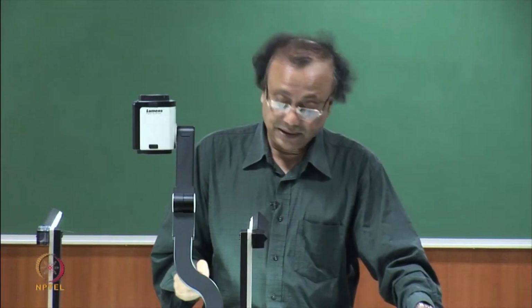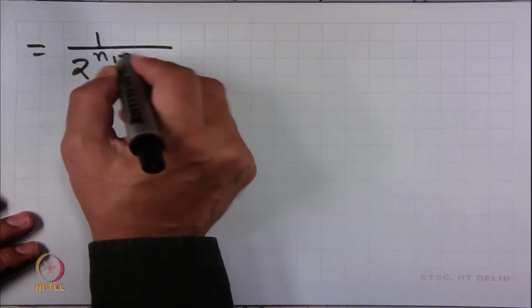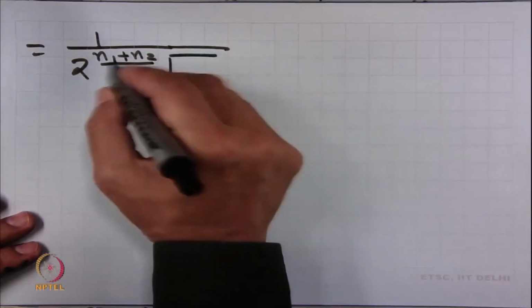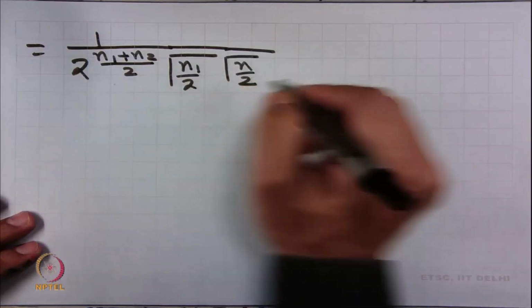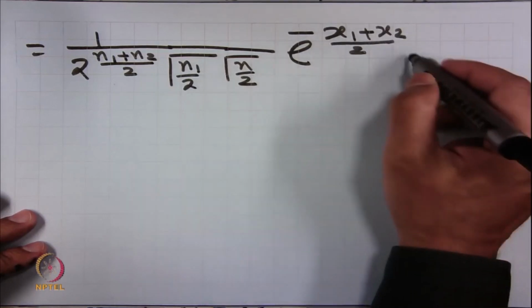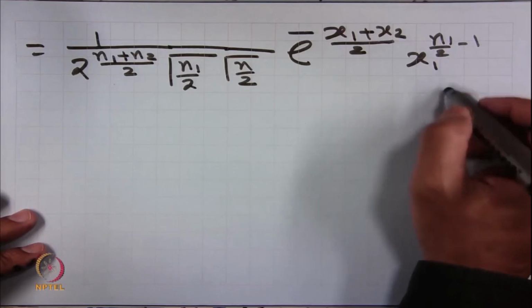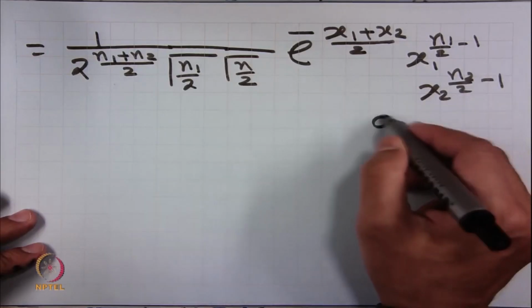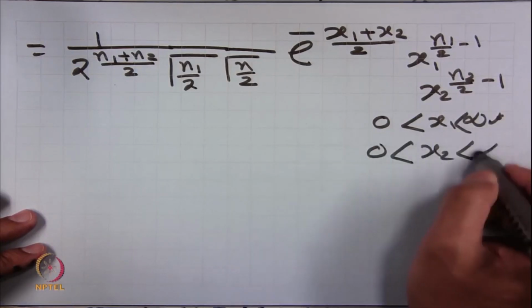So, let me write it as 1 upon 2 to the power (n1 plus n2) by 2, gamma n1 by 2, gamma n2 by 2, e to the power minus (x1 plus x2) by 2, x1 to the power n1 by 2 minus 1, x2 to the power n2 by 2 minus 1, where 0 less than x1 less than infinity and 0 less than x2 less than infinity.